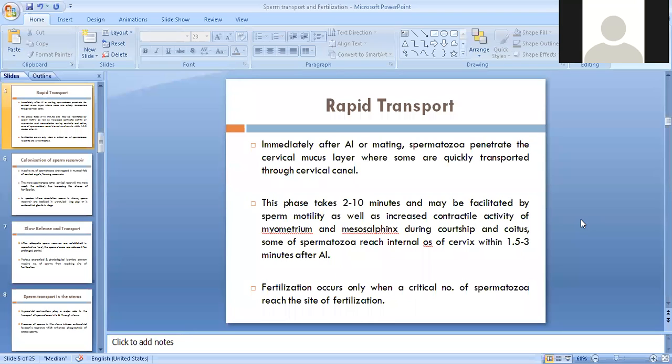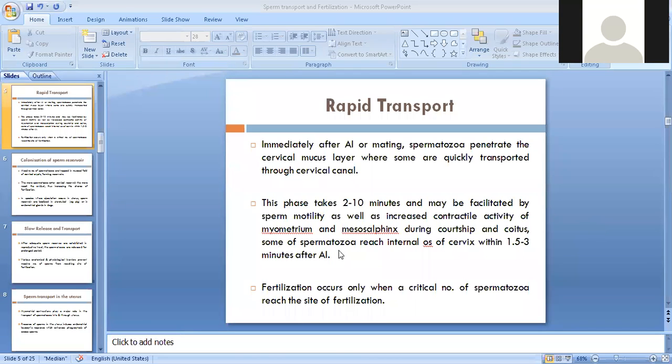Obviously, the sperms gain motility once they enter the female genitalia, as well as the contractile activity of the myometrium and mesosalpinx. When the animals are in courtship and coitus occurs, the myometrium of the uterus gains a contractile activity which is actually meant for facilitation of this sperm transportation.